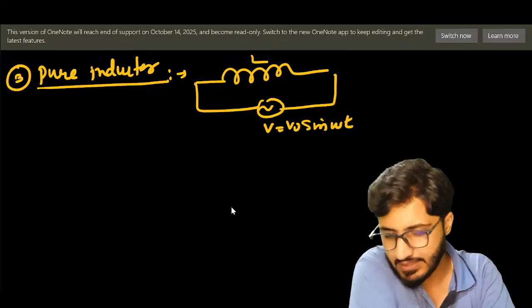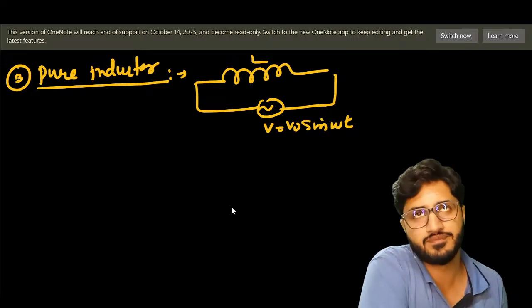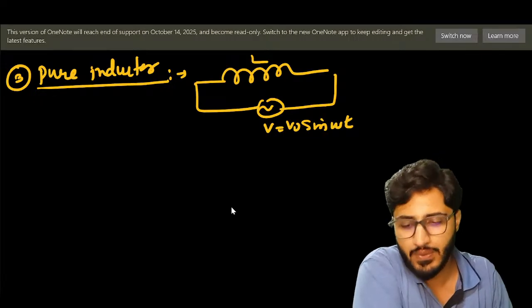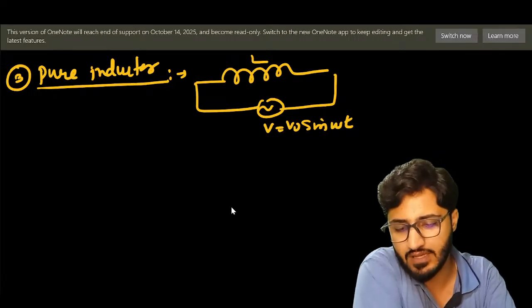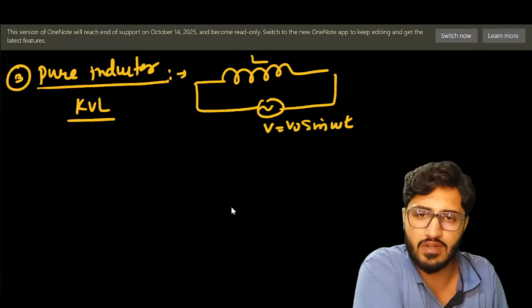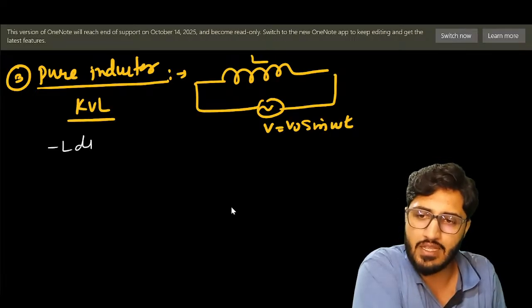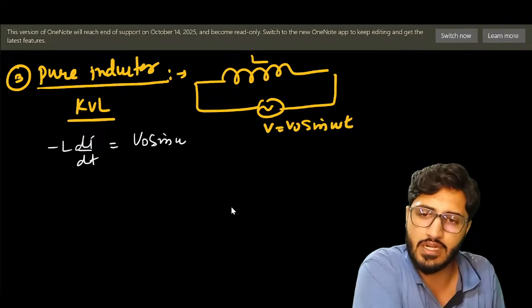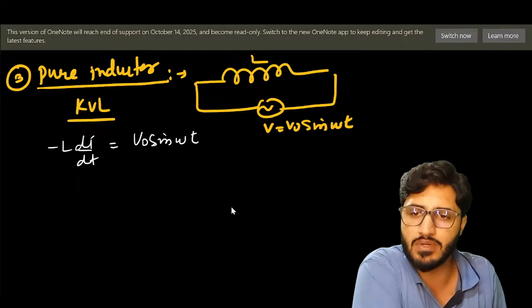Pure inductor. Look now. Use Ohm's law now. Sorry, use KVL. We'll use KVL. So I can write minus L di by dt plus V naught sine omega t equals 0. Sorry, it is plus.